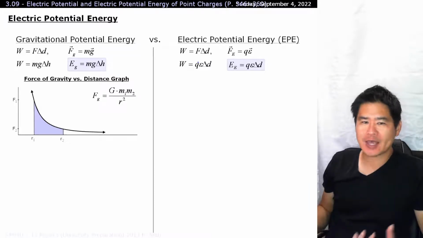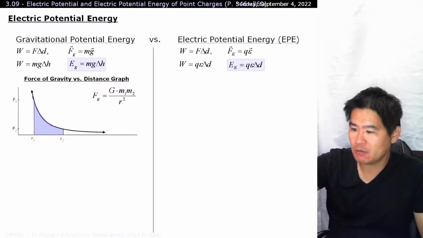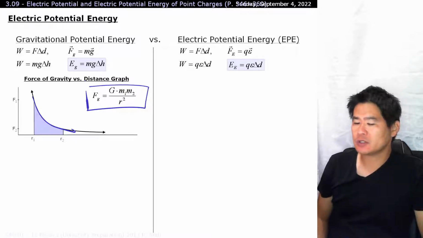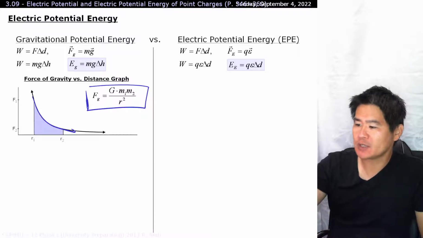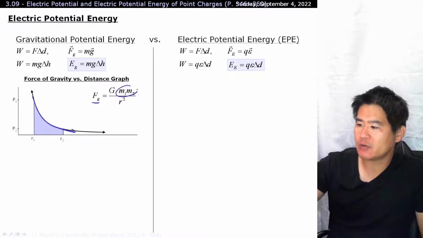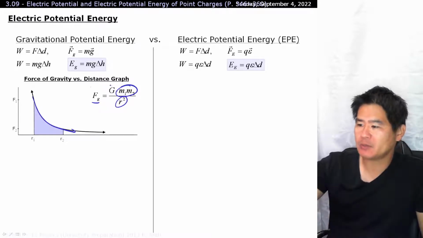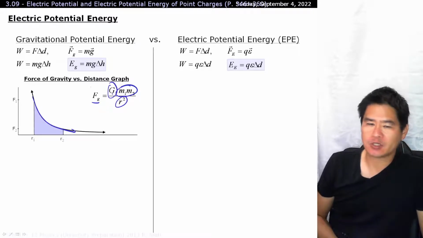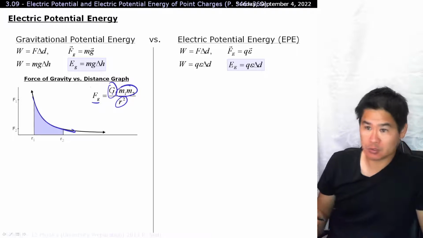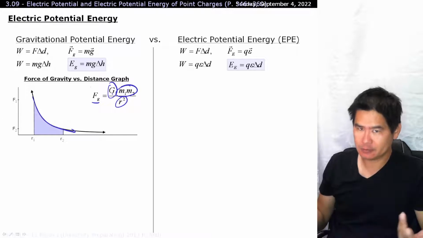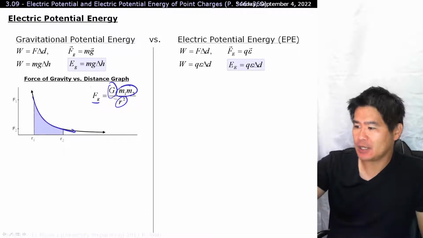So the force acting on an object does decrease over distance, and that's governed by Newton's universal law of gravity equation, where he stated that the force acting between two objects is equal to the product of the masses divided by the distance of separation squared, and you multiply it by some unknown constant. Unfortunately, he died before he could figure out what it was. He knew it was a very small value. Today we know it's 6.67 times 10 to the negative 11. That's why it's so small. And that's the constant there.